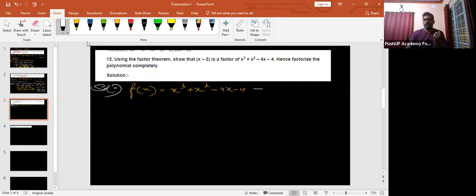The moment you read the term factor, you should understand that when you substitute the value of x into the polynomial, the remainder should be zero. That's when you say that the divisor is a factor of the given polynomial. How to show that is very easy. Take the divisor and equate it with 0.